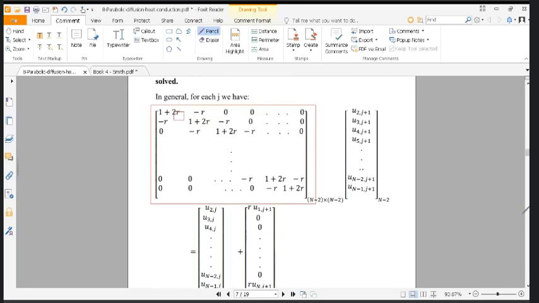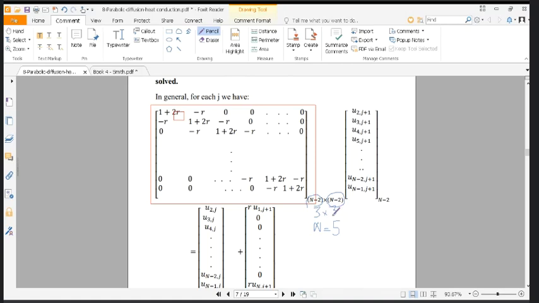In this matrix representation, the dimension of the matrix is n minus 2 by n minus 2. When n in our example is equal to 5, then n minus 2 is 3, and the dimension of this matrix is 3 by 3.